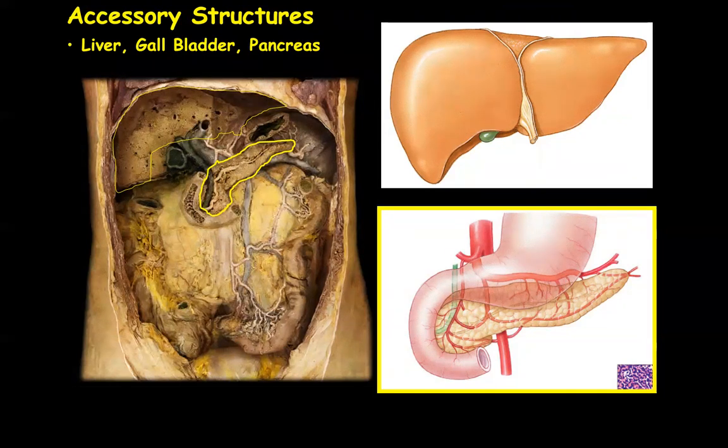It serves a lot of important metabolic functions, including detoxification of blood that's received from the GI tract, regulation of blood glucose, and the process of bile production, and a lot more. This is the falciform ligament traveling down the anterior surface of the liver and dividing it into left and right lobes.